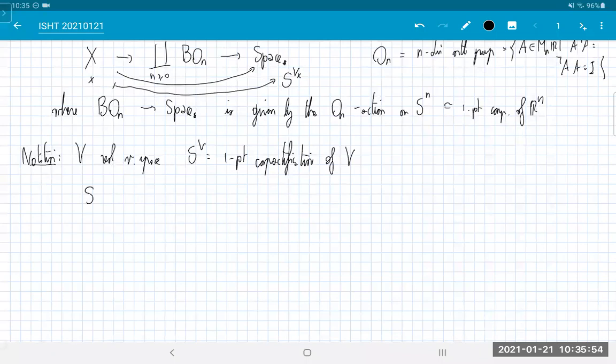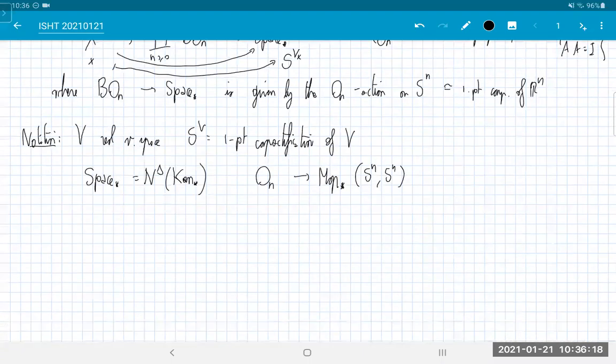Spaces star, remember, I was defining as the simplicial nerve of Kan star. That's not the only possible way, but that's the one I've chosen in this class. And the point is that ON gets you a map into continuous maps preserving the base point from Sn to Sn.